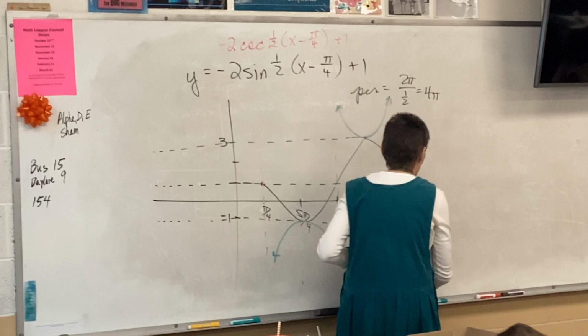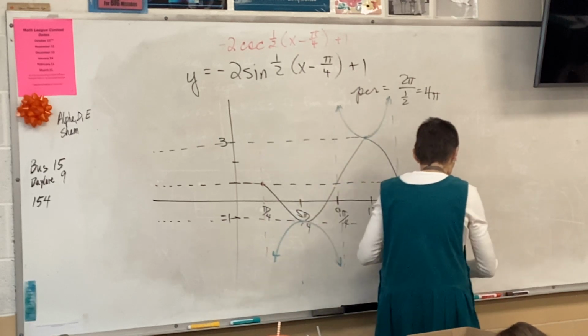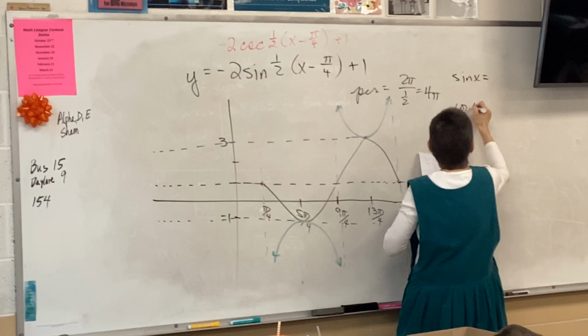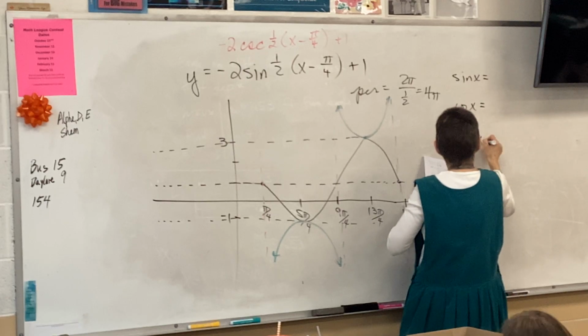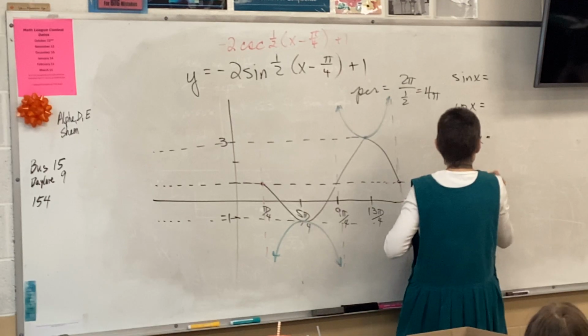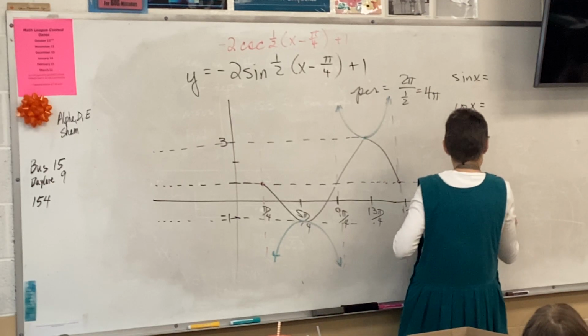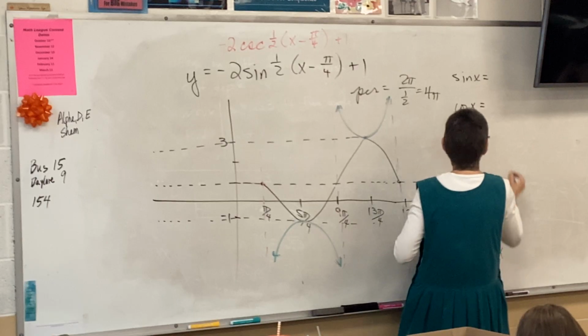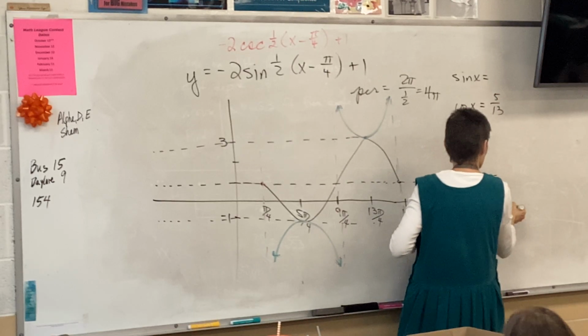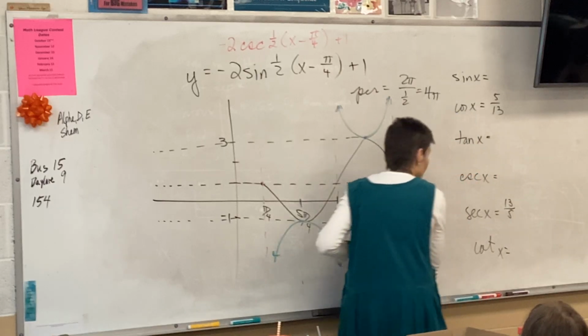Number 3 on this quiz. We already did one like this. Let's see if you remember. We're finding everything. We know the cosine is 5/13, which means the secant is 13/5.